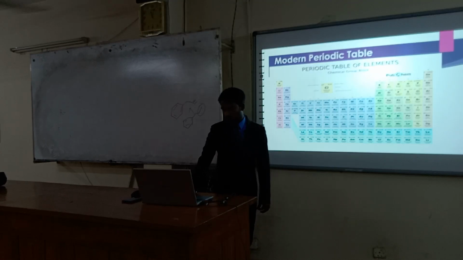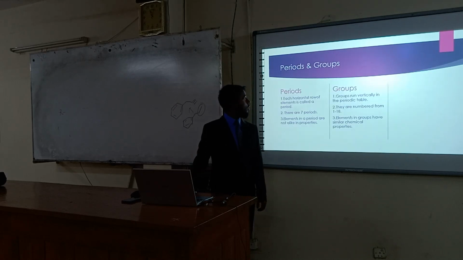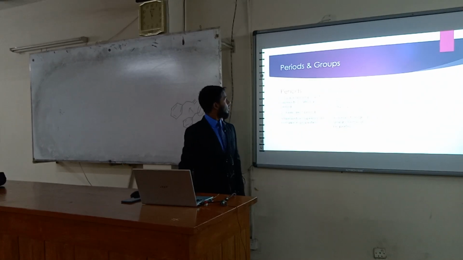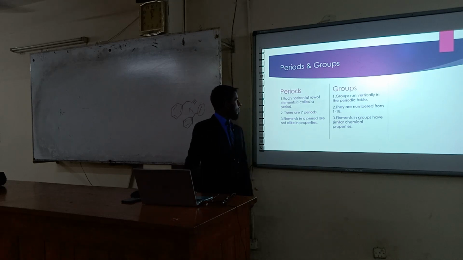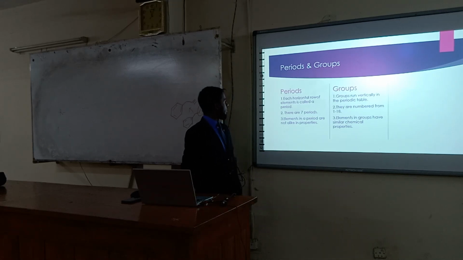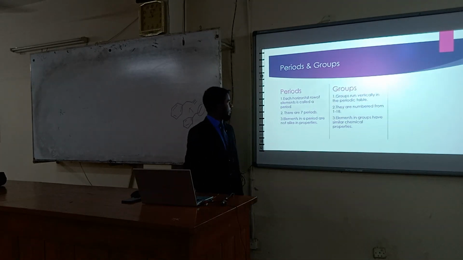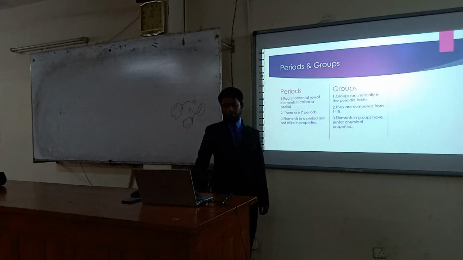Now let's go to the next picture. We'll talk now about periods and groups. Periods: each horizontal row of elements is called a period. I mean, the horizontal rows of the periodic table are called periods, and there are 7 periods.